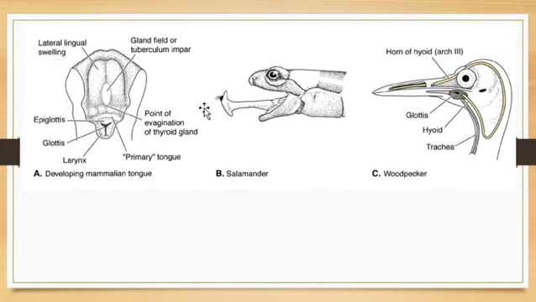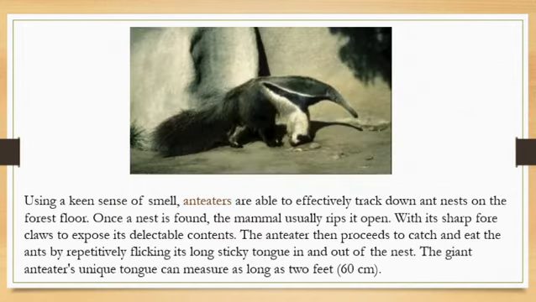The salamander has a muscular tongue that can help capture prey. Anteaters, another type of mammal, use the tongue to track down ants' nests or termites' nests.